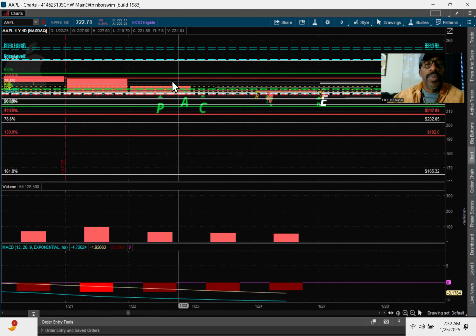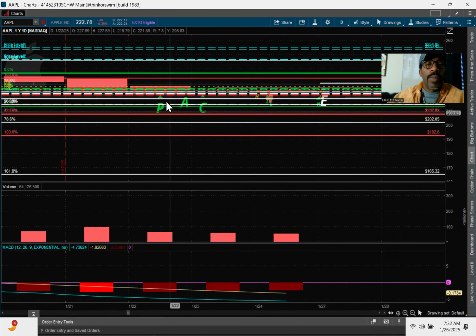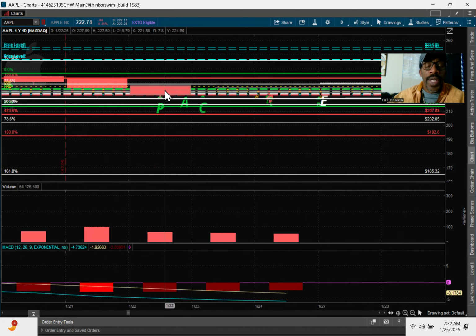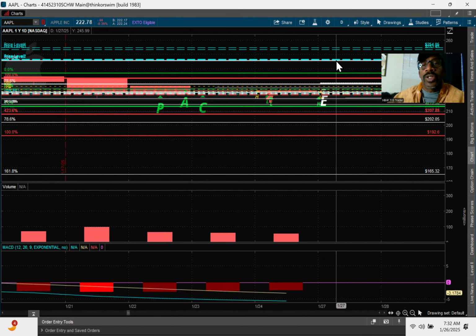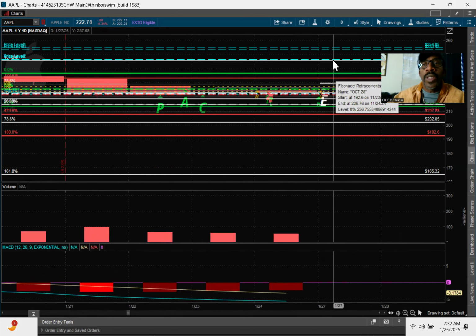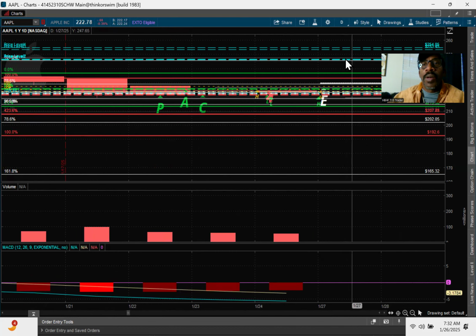I marked the high and low on the daily. That's like my market, okay? I was showing you that the solid lines are my weekly, the bigger dashes are market, and my smaller dashes are pre-market.